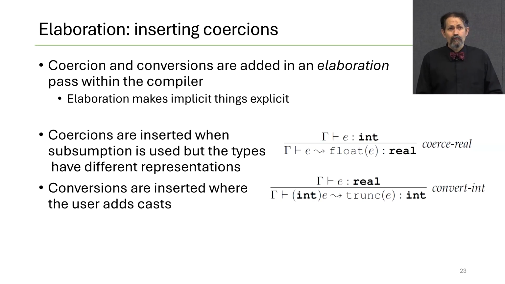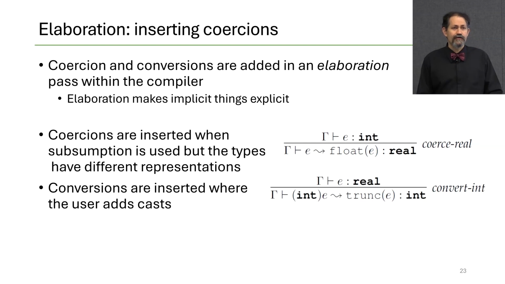The coerce real rule will observe that an expression e has type int, and it will surround it with a float operation, which converts the int to a float, to produce a result of type real. Now, the other way around, there's no coercion, but perhaps the user adds a cast to integer.